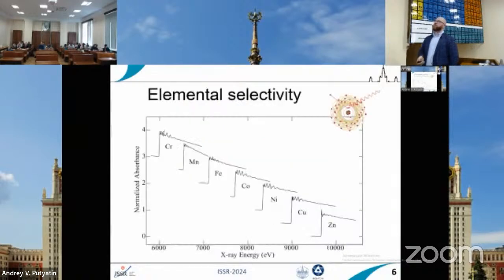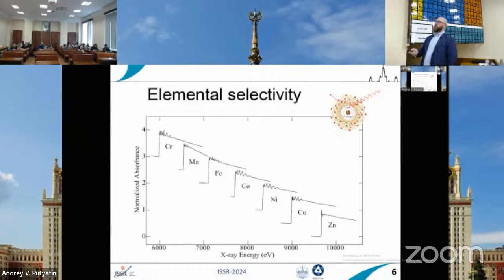But also, it is very convenient and very important that these absorption spectra are selective to the element. Because, as you remember, there is a certain energy of bonding of the electron in the atom or in the molecule.